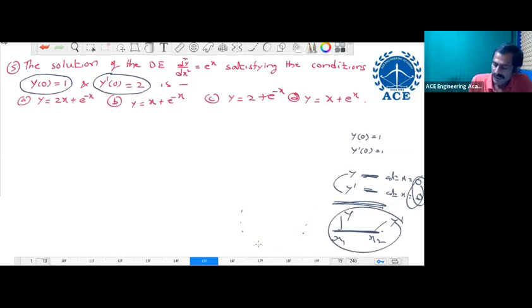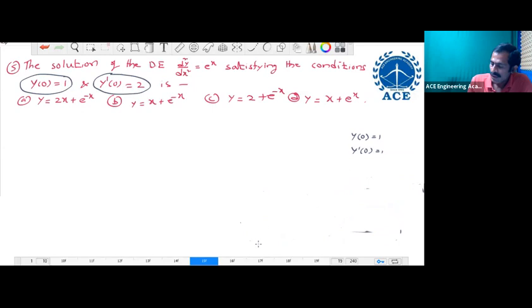At the same position, they are initial conditions. So it is an initial value problem only, because y and y dash are given at the same value of x. In every option, a particular solution is given. We can choose the answer by verification also, but here we are doing the problem because it is a simple differential equation.